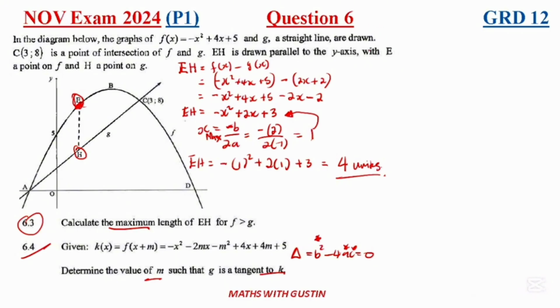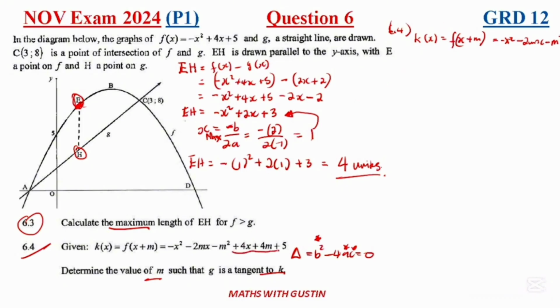First things first, let's just write what is given there. 6.4, they want us to say k of x is equal to f of x plus m, which is equal to minus x squared minus 2mx minus m squared plus 4x. Okay, I think I'm writing out of the page there, but it's no big deal.